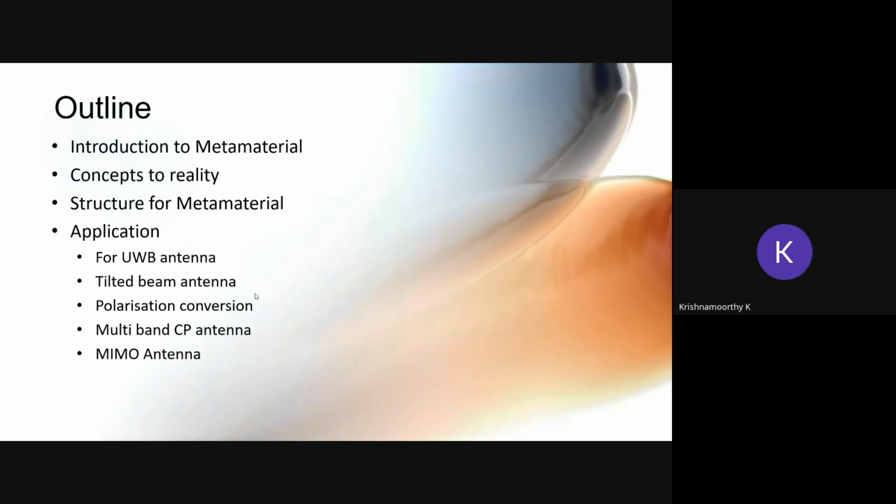Under this topic, today we are going to cover the introduction to metamaterials, concept to reality, how to realize the metamaterial structures, and what are the commonly used structures for metamaterials, and the metamaterial applications in the area of antenna design, particularly for UWB antennas, beam tilting applications, polarization conversion applications, then multi-band circularly polarized antenna design, and finally we are going to discuss the MIMO antenna, multi-input multi-output antenna.